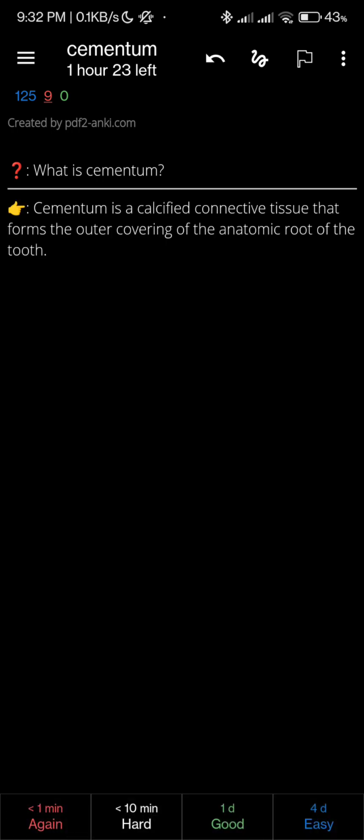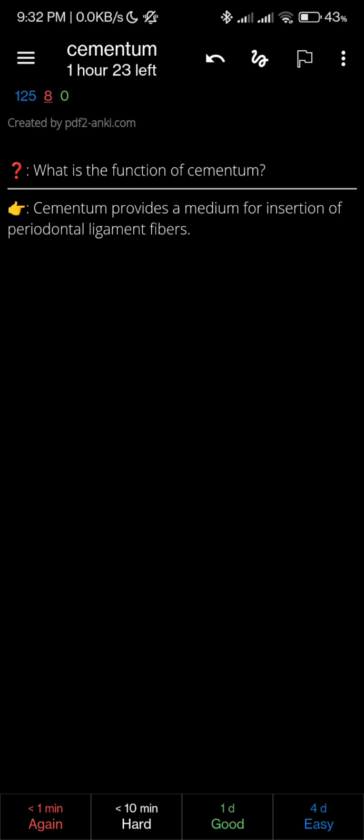What is cementum? Cementum is a calcified connective tissue that covers the anatomical root of the tooth. What is the function of cementum?